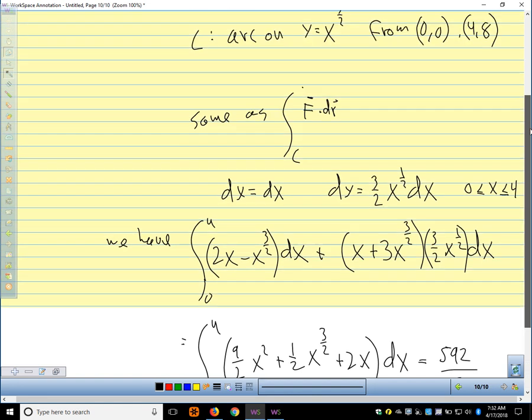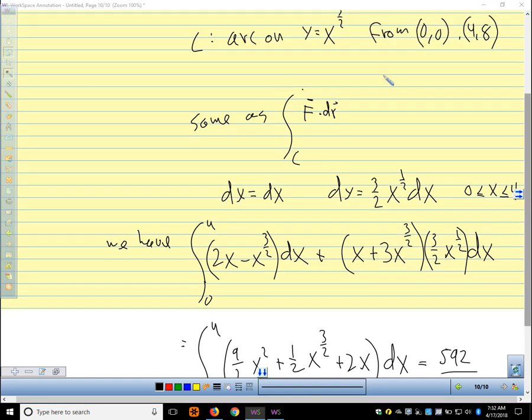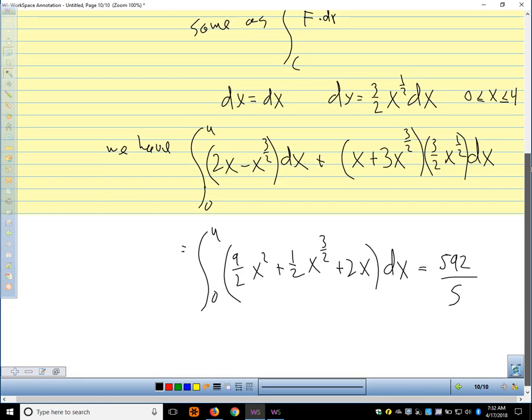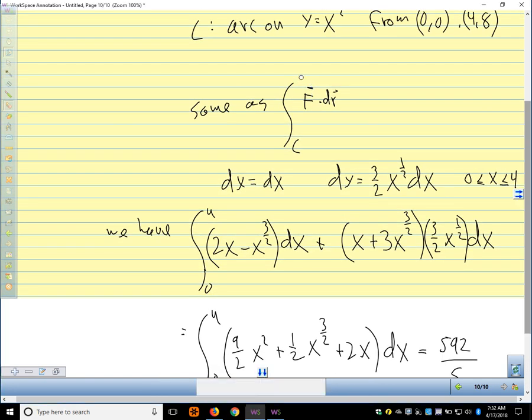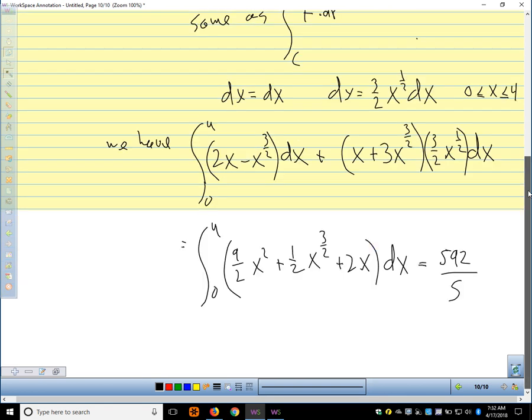So we've bypassed the step of parameterizing our curve, finding our r prime, representing f in terms of our parameter. We kind of condensed that all together in this step here. And you would get the equivalent answer if you did the problem the way we've done before: parameterize our curve, represent f in terms of the parameterization, and do the integral that way.